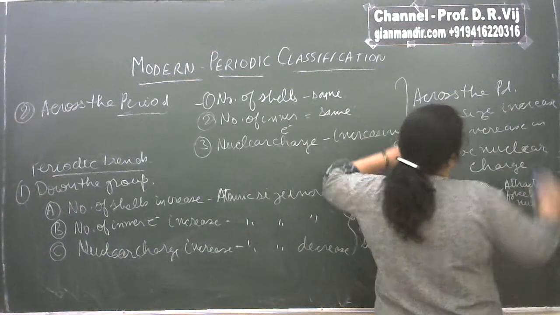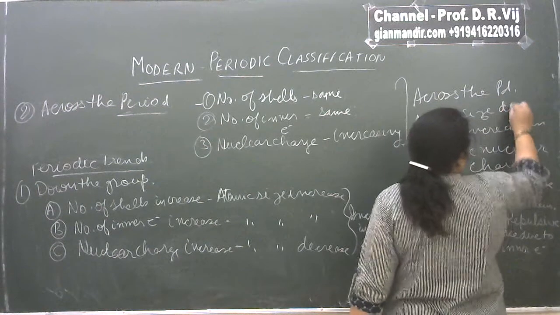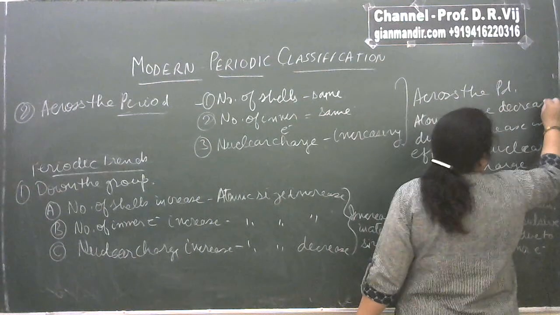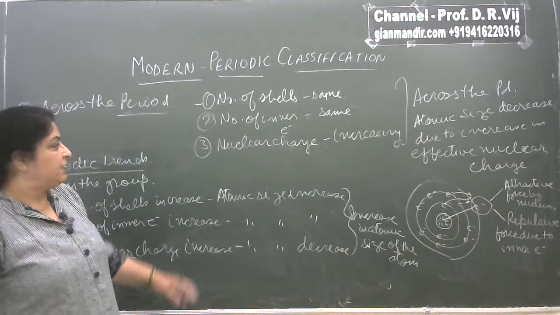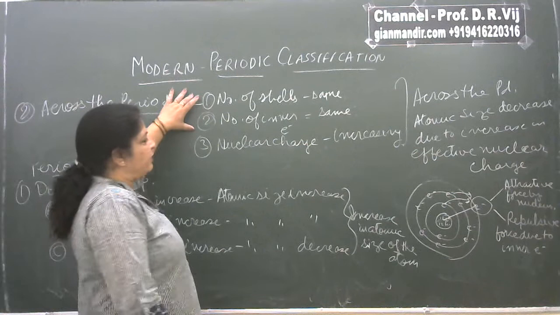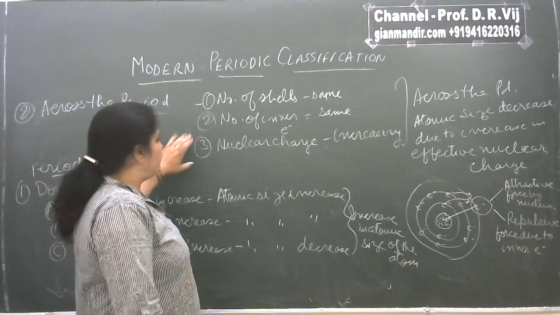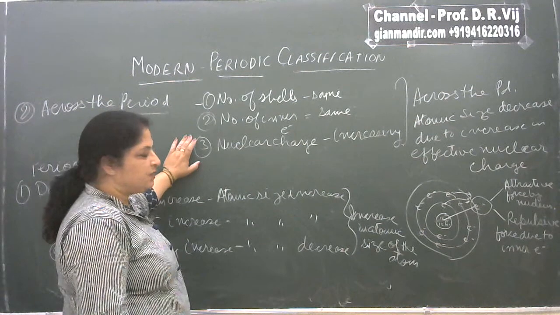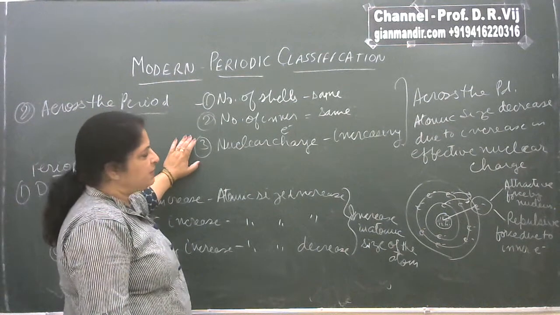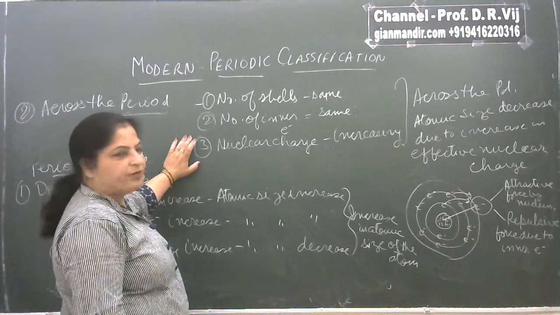As across the period atomic size decreases due to increase in effective nuclear charge. You have seen there are two factors that are not going to make any difference on atomic size. The only factor is the nuclear charge, as this nuclear charge is increasing, and we have already seen that more is the nuclear charge, smaller is the atomic size.